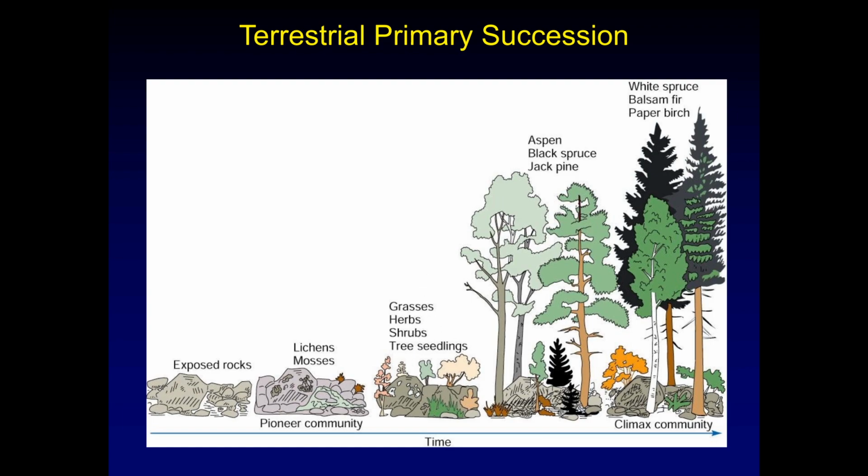Then you end up with your early successional species: aspen, black spruce, jack pines. Jack pines are really cool, but working with them, they give off a lot of sap, and it makes them really freaking sticky. Like they're pretty annoying. And then you end up in these climax communities with white spruce, balsam firs, paper birches, and then there are more that are kind of after this as you move through primary succession.